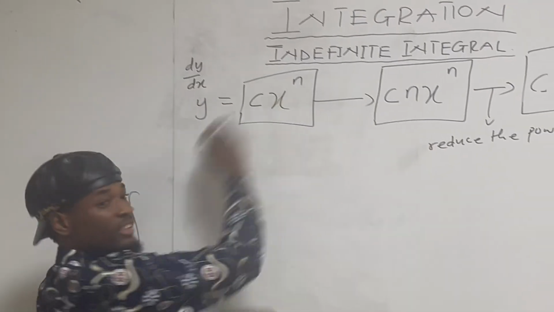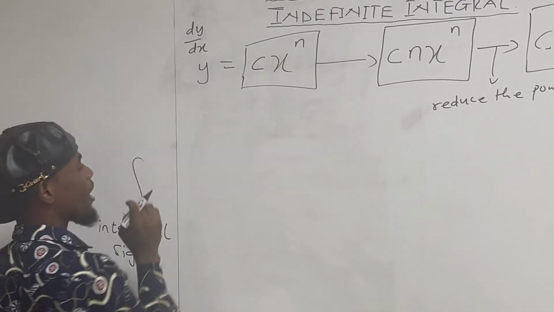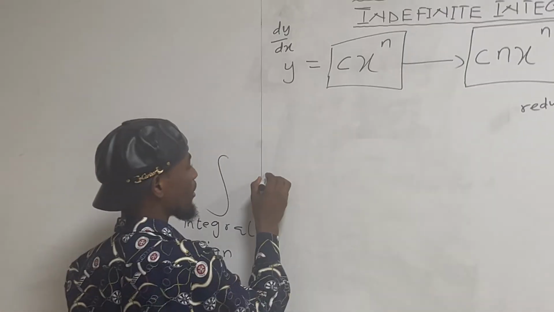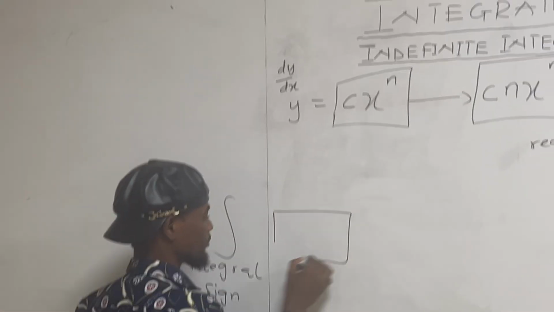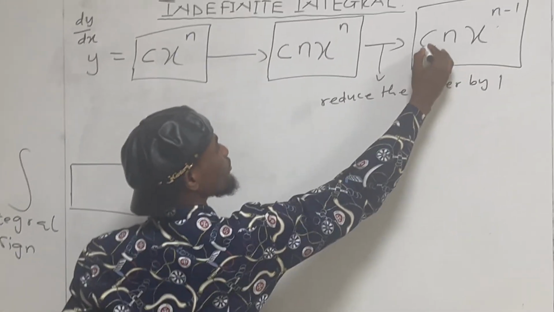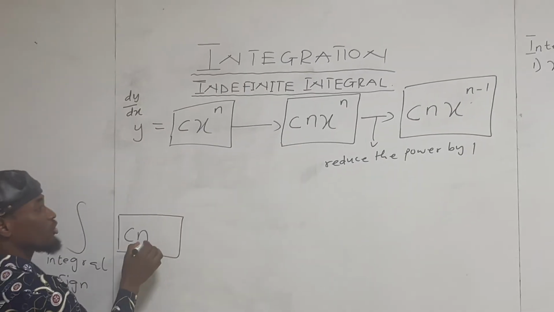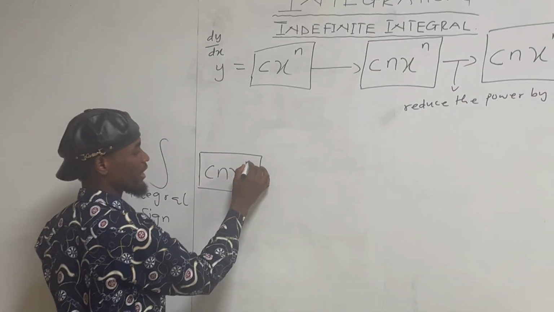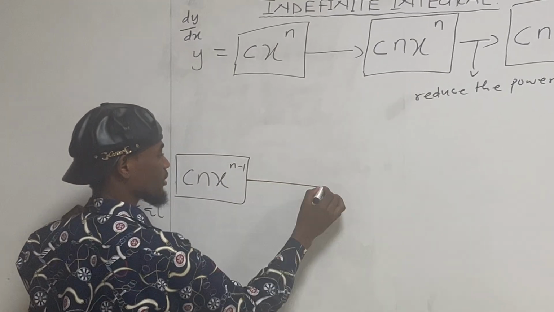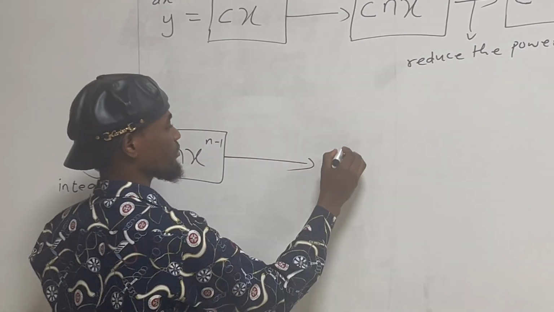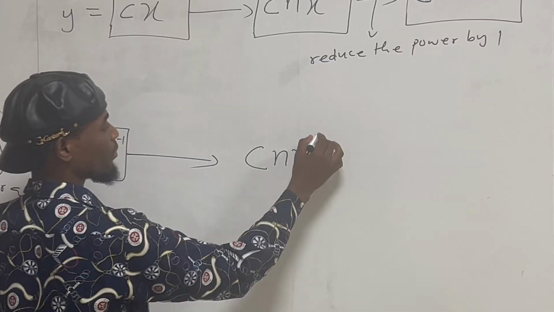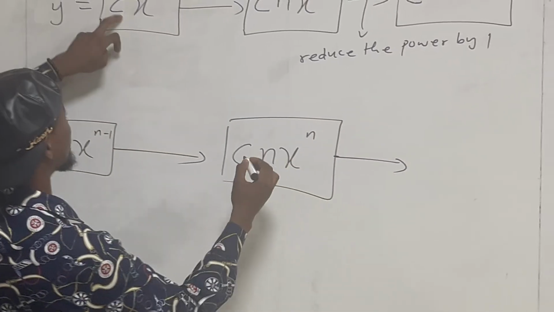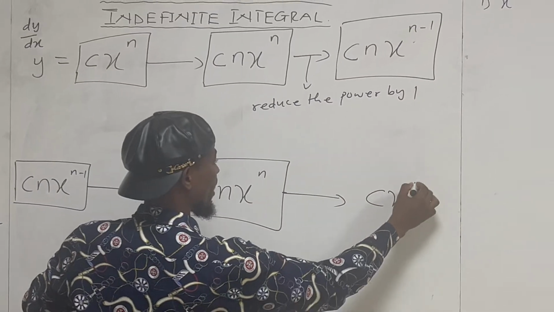Now let's reverse the process. So if I have cn x to the power n minus 1, then we have cn x to the power n, and the last one is cx to the power n.